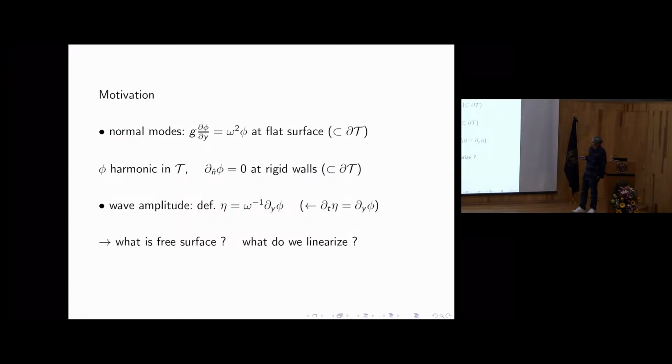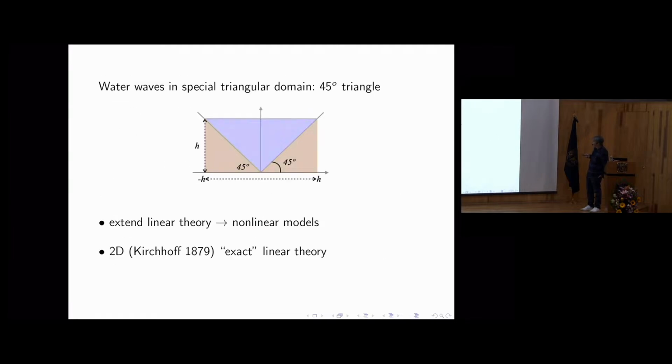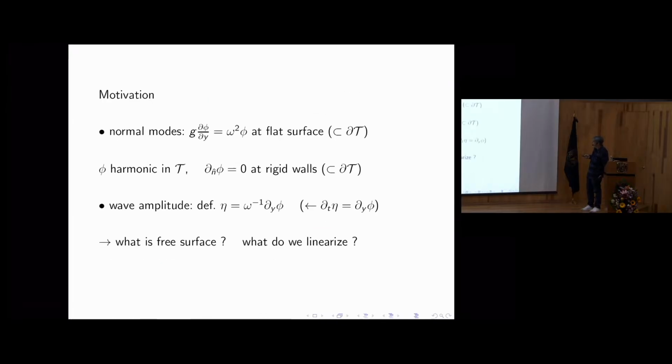G is just the constant of gravity. I put it here, it's just a constant. But you see here that the operator is the normal derivative of the potential at the free surface. Here the free surface is at rest, so this is just the derivative in the vertical direction at the flat surface of this triangle. This phi is a harmonic function in the triangle, and also its normal derivative is 0.